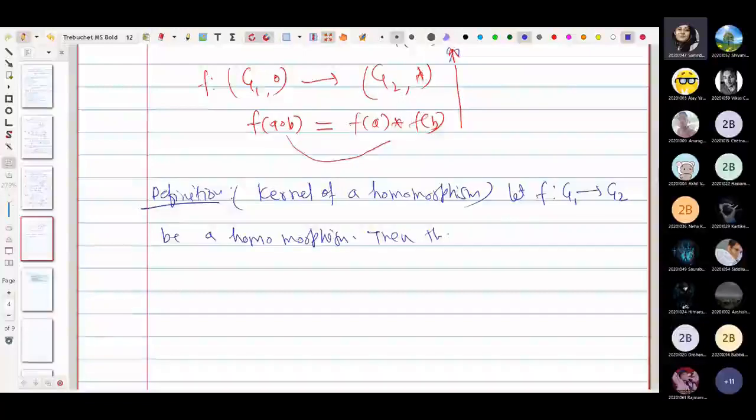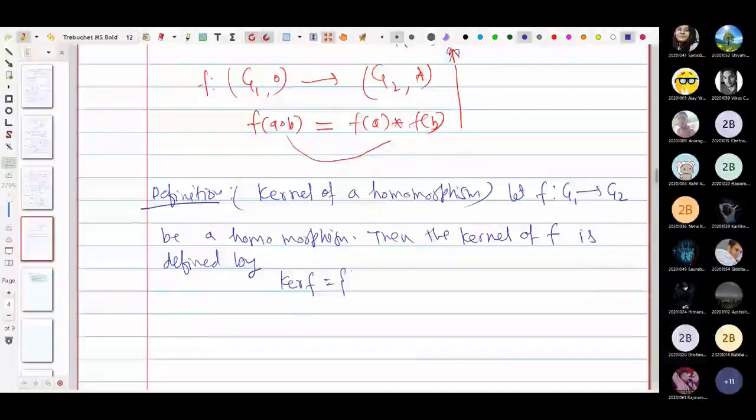Then the kernel of f is defined and denoted by kernel of f. This is a collection of all those elements from G1 which are mapped onto the identity of G2. This E2 is the identity element of G2.